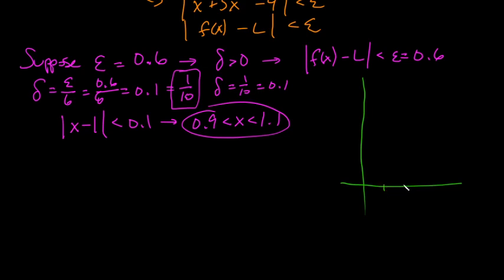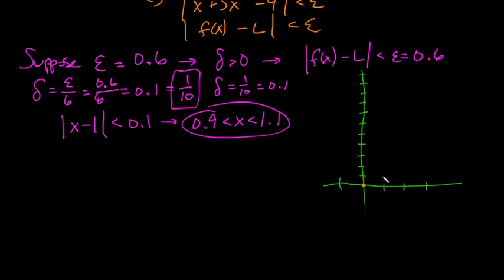So this is 1, 2, 3, -1, and so on. And I'm going to squash the y scale, so this will be 1, 2, 3, 4, 5, 6, 7, 8, 9, 10. This might be a little too squashed, but let's see what happens. So the graph is going to look something like this.